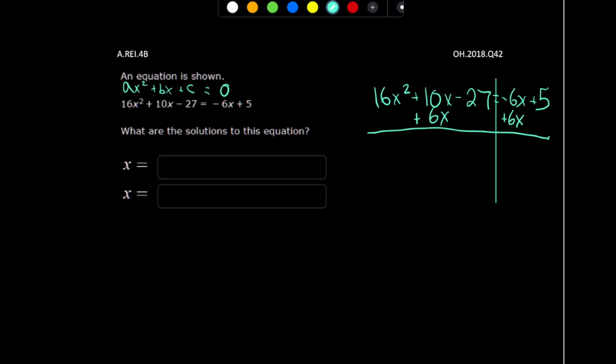If you wanted to save paper, you could do the other movement at the same time, but for the sake of learning and review, I'm going to take it one step at a time. 10x plus 6x is 16x.